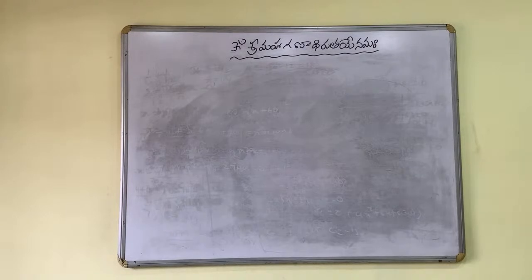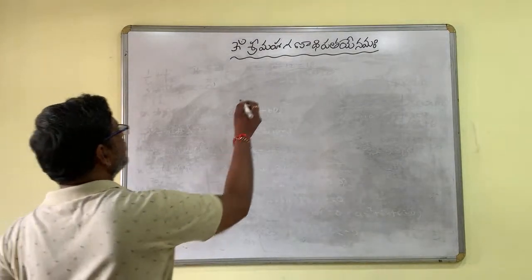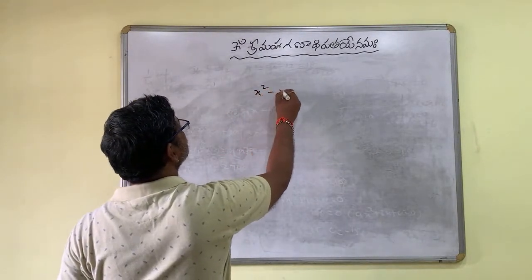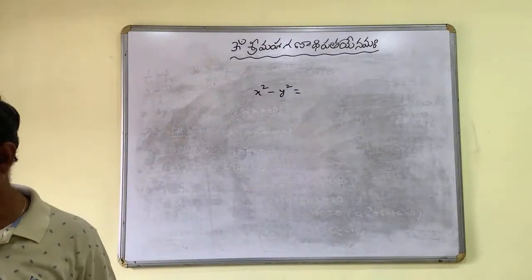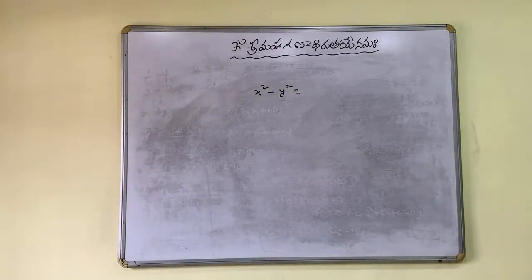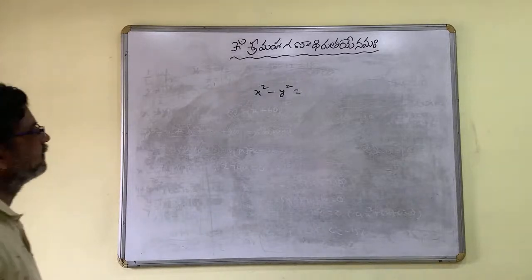The square of the smaller number is 8 times the larger number. Find the two numbers. There are two numbers. Difference of their squares is 180.